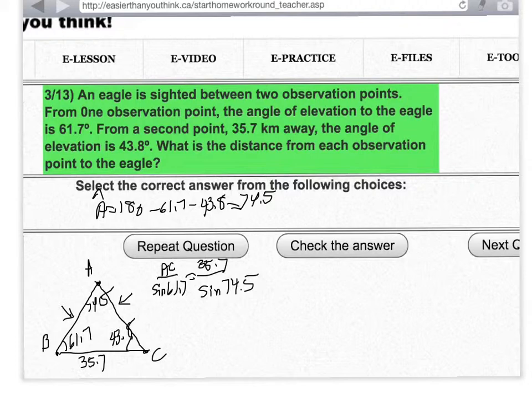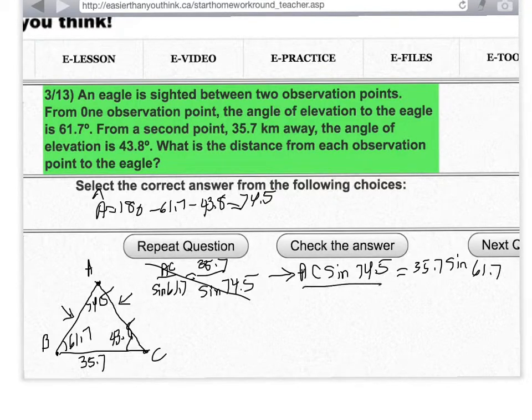Now, if I crisscross, I get AC sine 74.5 is equal to 35.7 sine 61.7.